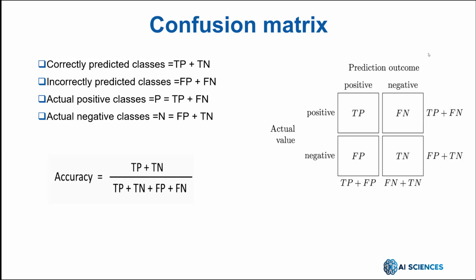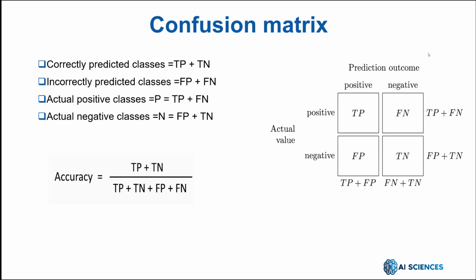So, correctly predicted classes is equal to TP plus TN. Incorrectly predicted classes is equal to FP plus FN. Actual positive classes is equal to P, which equals TP plus FN. Actual negative classes is equal to N, which equals FP plus TN.